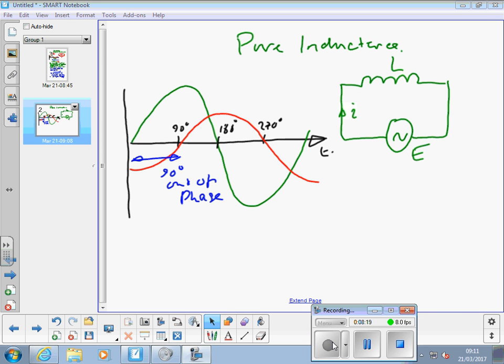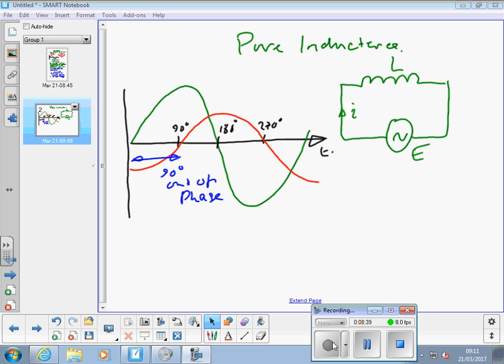Would you say that current is leading or lagging the voltage? Lagging, yes. It peaks after the voltage does in time. Okay?